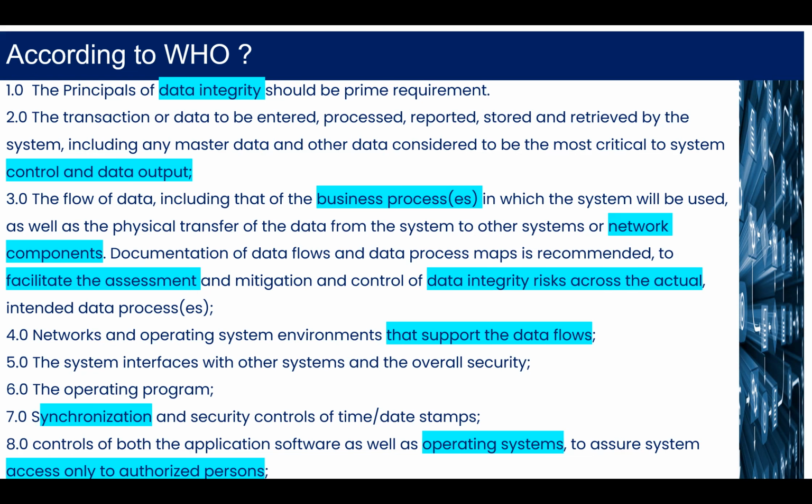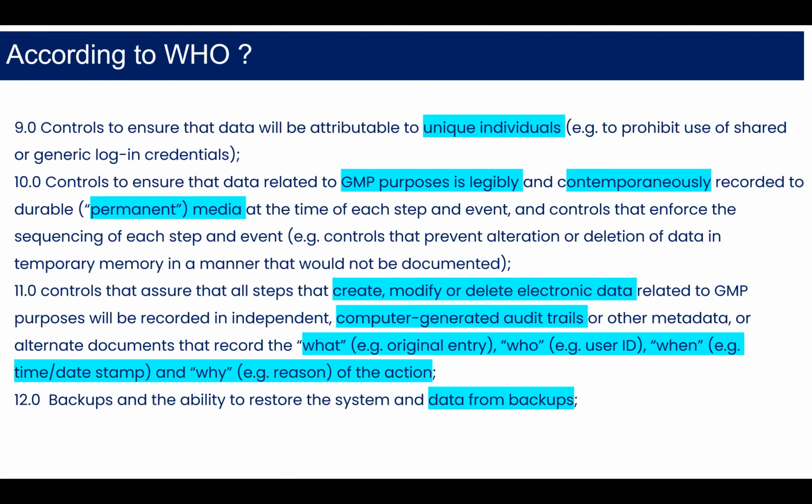Networks that support data flow, security of interface, operational programs, synchronization, control on operations, access control of authorized persons, unique individual IDs. GMP work should run smoothly and I should have permanent media for that data.